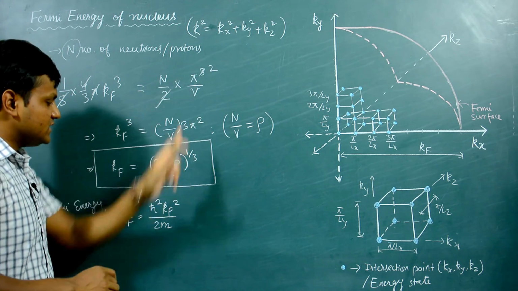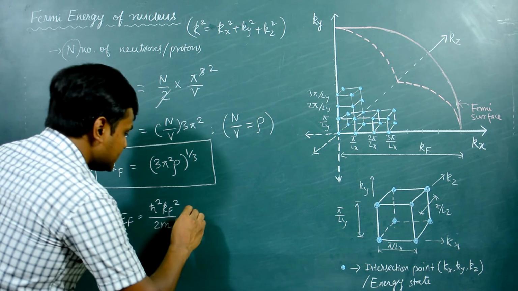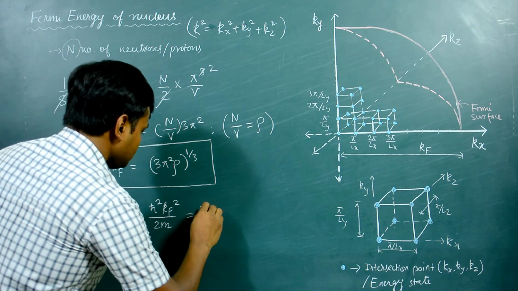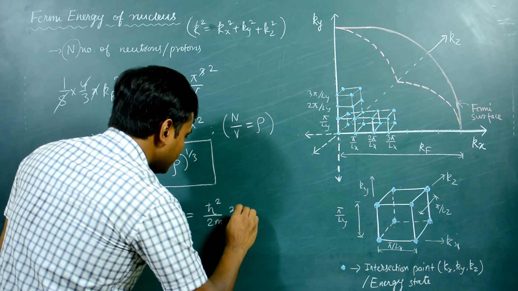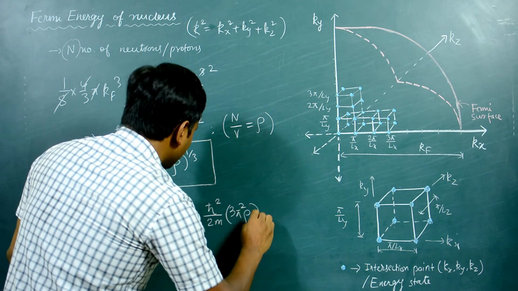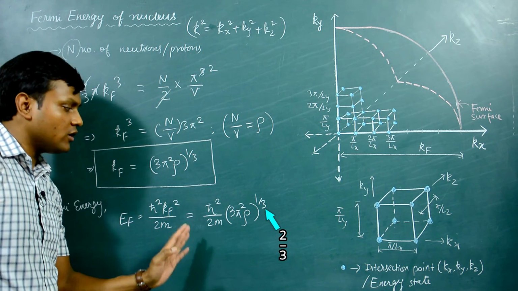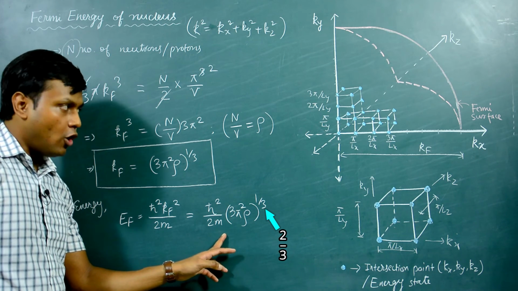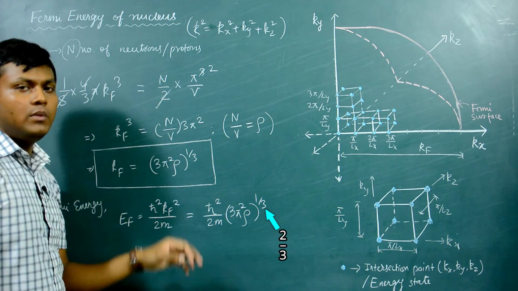So kf represents the highest occupied magnitude of the combinations of kx, ky and kz. So this becomes h cross square by 2m (3 pi square rho) to the power 1/3. This is the Fermi energy, or approximately the Fermi energy, of a square well potential.